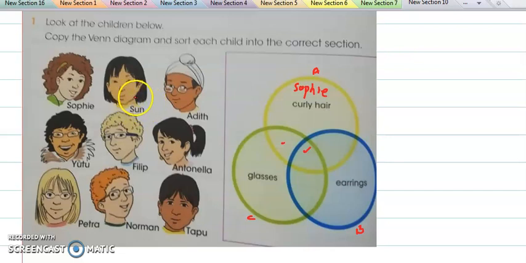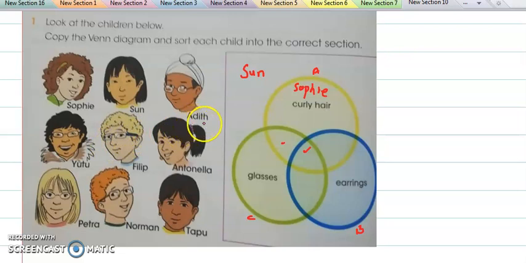If you look at Sun, he has no curly hair, is not wearing glasses, and is not wearing any earrings. So Sun will fall outside of these three groups. He will not be part of any of these. So I will write Sun outside of these. So Sun will be written here.